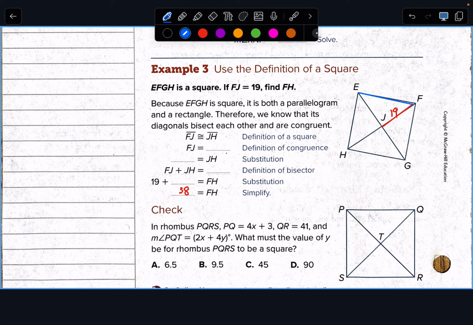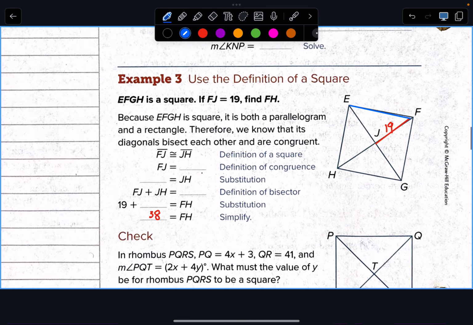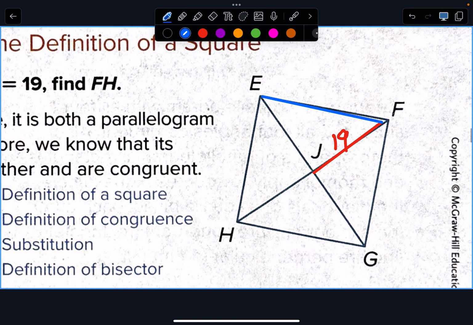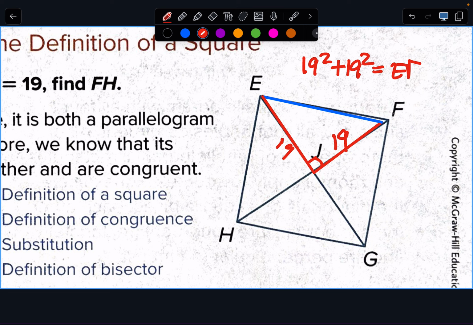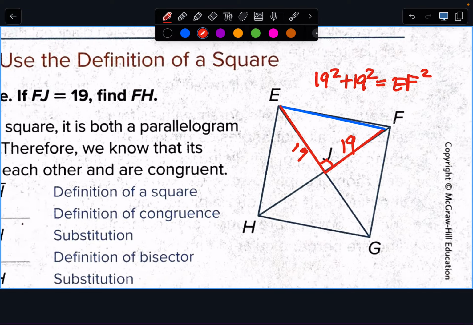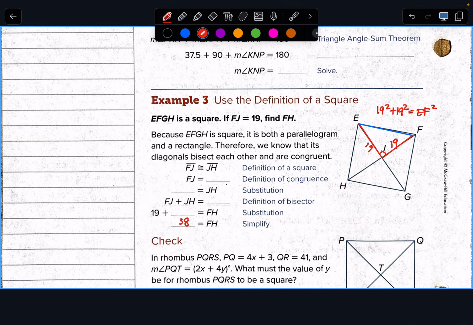Ollie. Well, 19 is also 19 on the other side, because all the parallels are equal. And then that's the hypotenuse, so you do 90 squared plus 19 squared. Okay. I got it.